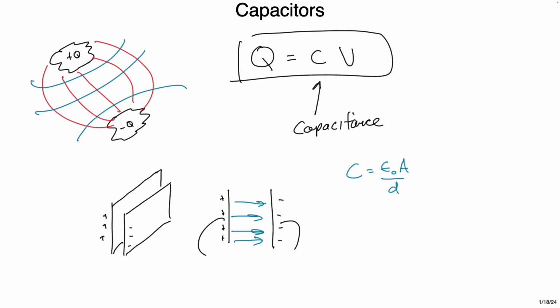Capital A is the area, the area of the plate. So this is the capacitance of a parallel plate capacitor. And if you've ever opened anything electronic, you'll know that there aren't just two big plates sitting in there, right? Those round cylindrical ones that I showed you are actually parallel plate capacitors.